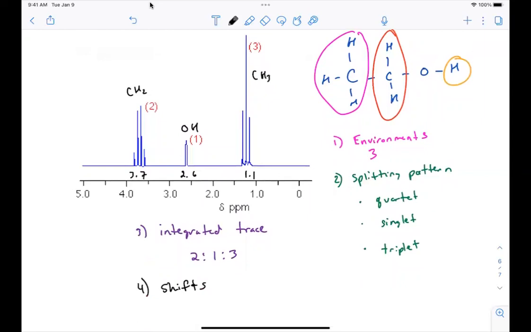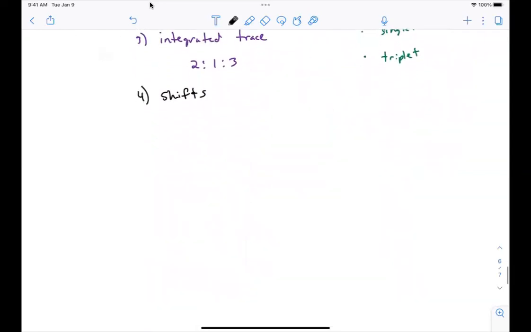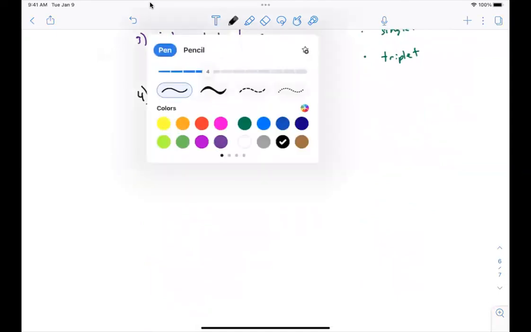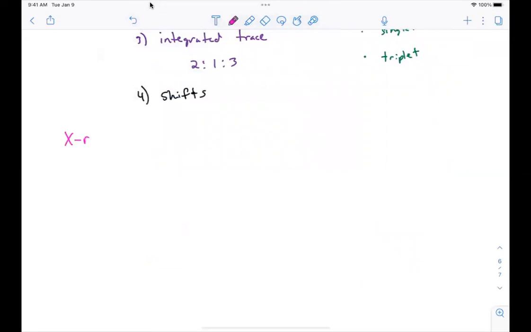Questions? Okay. One last type of analysis that we have to know is X-ray crystallography. Again, you don't need to know how to analyze it itself. You just need to know what it is.